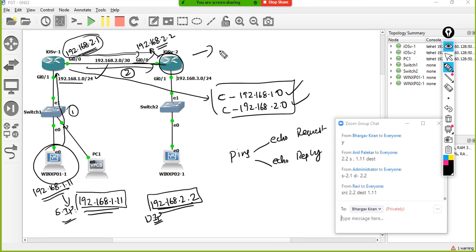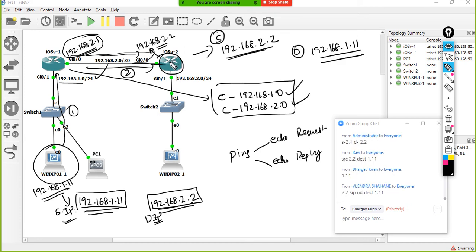Now the source is 192.168.2.2. This is what you need to learn. And who is the destination? 1.11, right, guys?